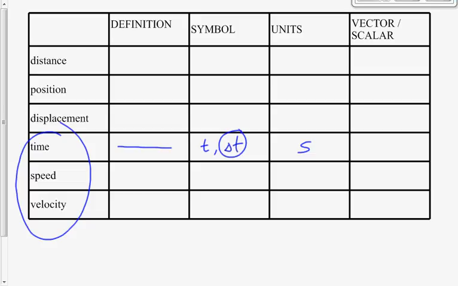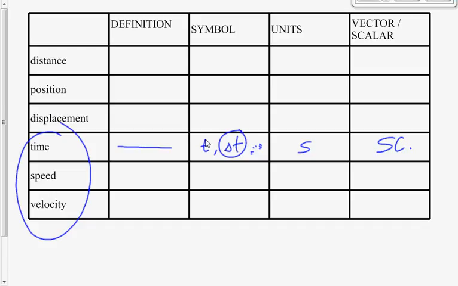We don't talk about a direction with time, right? What's the other way that you can determine time's a scalar? Look at it, quick. Yeah, I can't go backwards. Look at this. There's no little arrow over it. I gave you the symbol, there's no little arrow over it. Good, so time's a scalar.